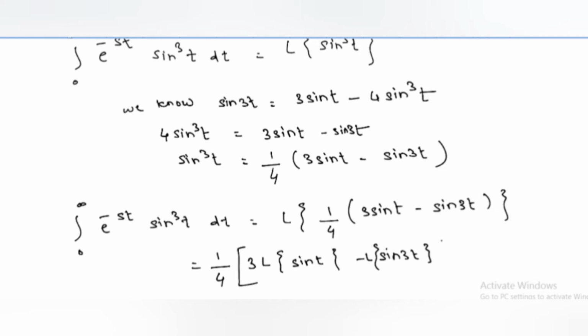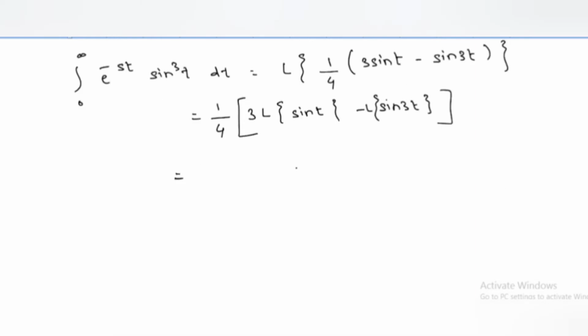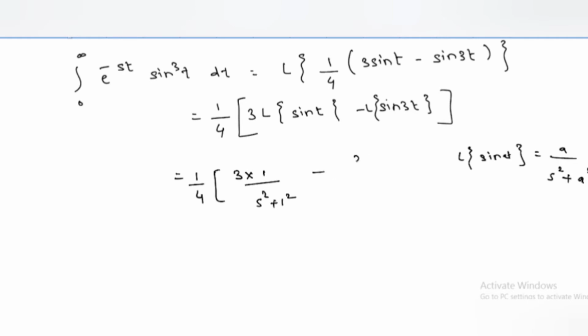We know the formula of Laplace of sin at is a upon s square plus a square. In the first term the value of a is 1 and in the second term the value of a is 3. So we substitute: 1 upon s square plus 1 square minus 3 upon s square plus 3 square.